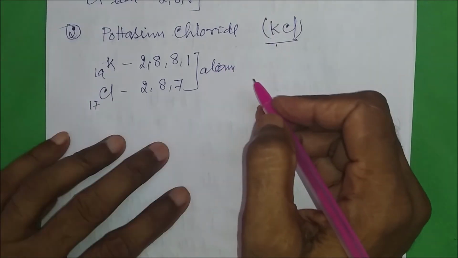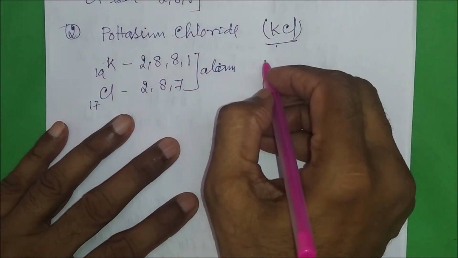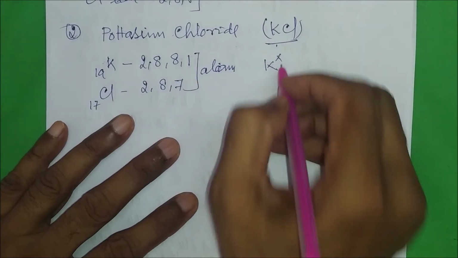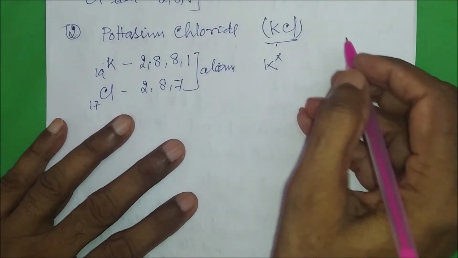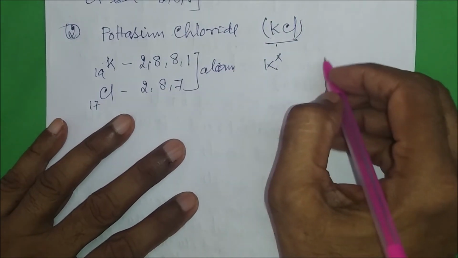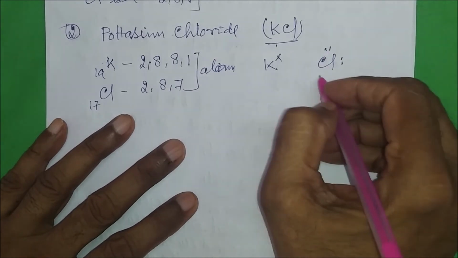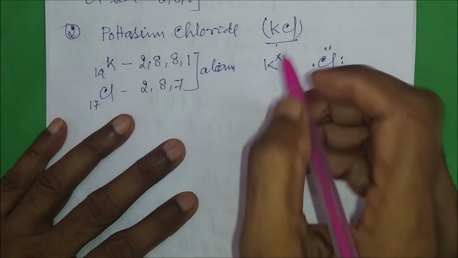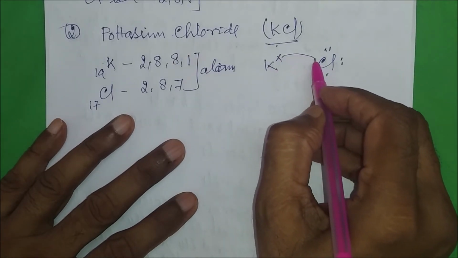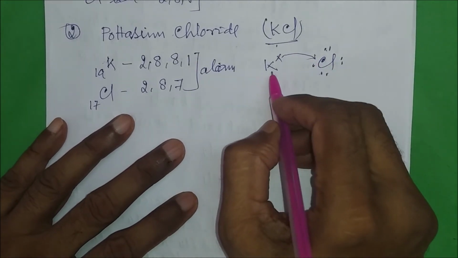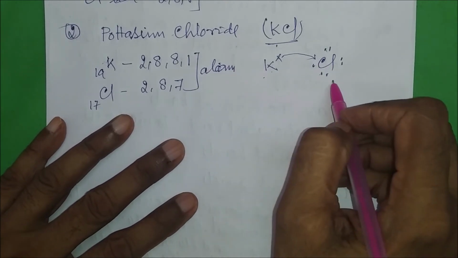Now, see that potassium has only one electron in its outer shell, and chlorine, as you have seen, is 2, 8 and 7. Now this electron will be transferred from metal to non-metal.